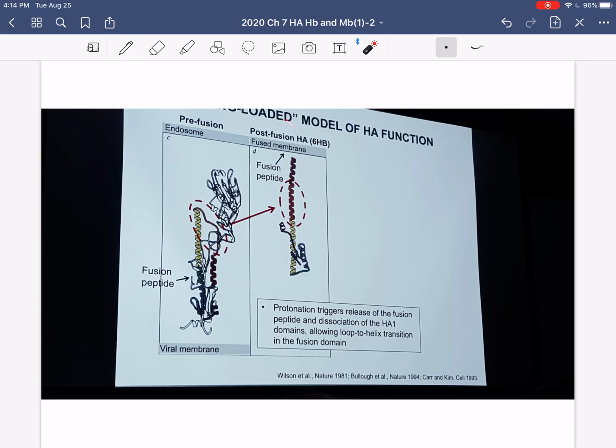Okay, so the paper that published the atomic resolution structure of the hemagglutinin came out a year later from Don Wiley's lab, by Per Bulla and my friend Fred Hewson over at Harvard, when I was at MIT.